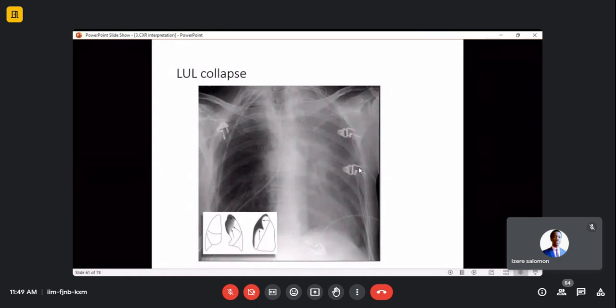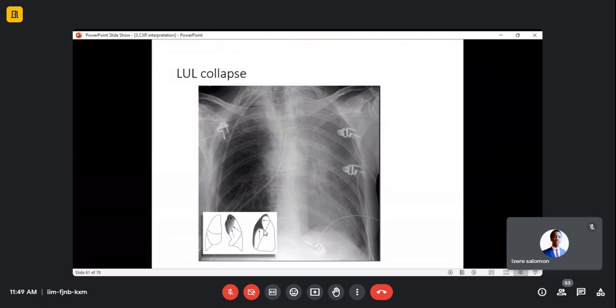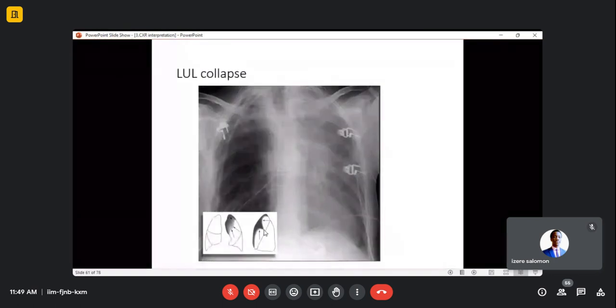Any question? If you are not sure, please request for the lateral view. The lateral view will be clear. It will tell you what it is. Any question here?